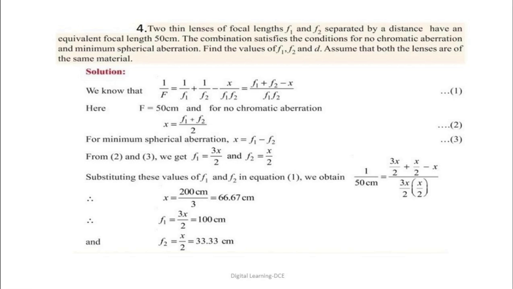The combination satisfies the conditions for no chromatic aberration and minimum spherical aberration. Find the values of f1, f2 and d. Assume that both the lenses are of the same material.